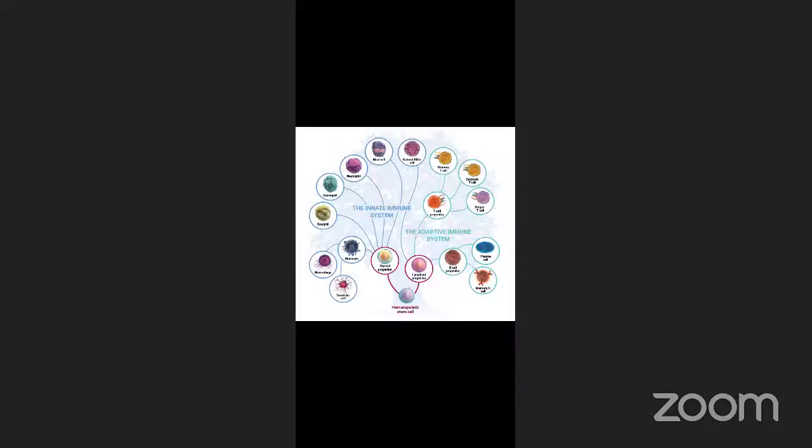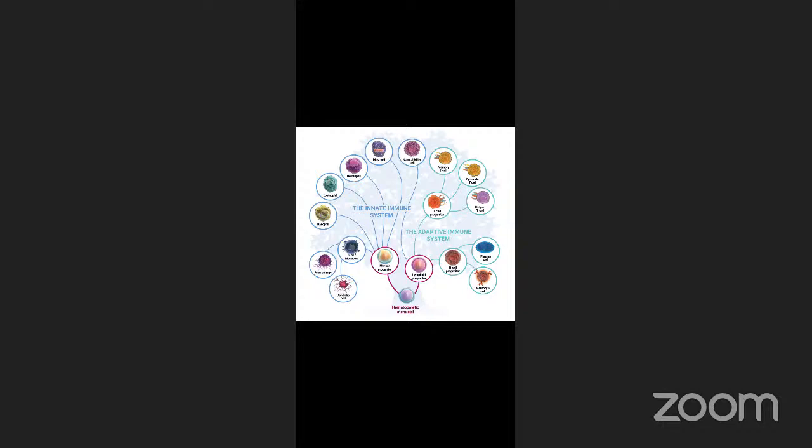Before going to tell you about the mast cell, I will show one of the images. This is the synthesis of the different types of cells from the hematopoietic stem cell.